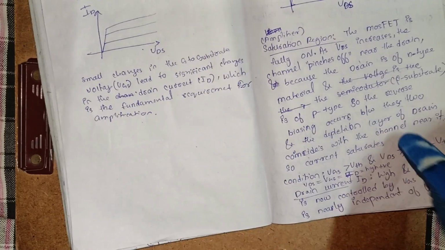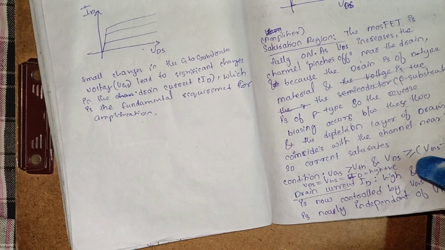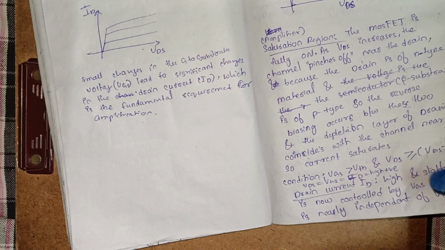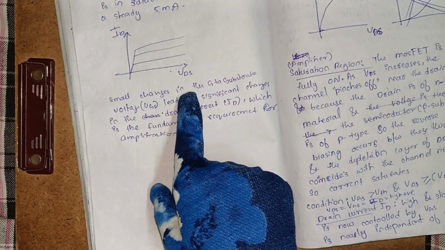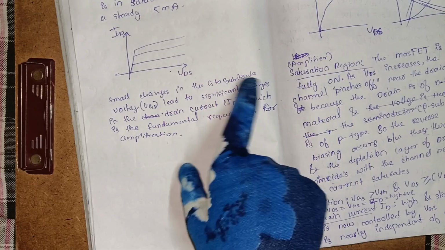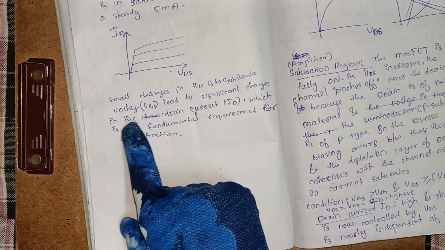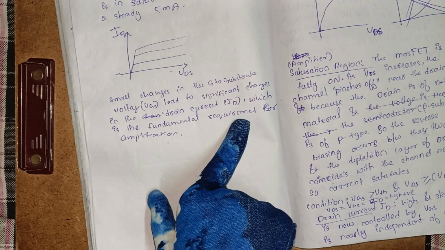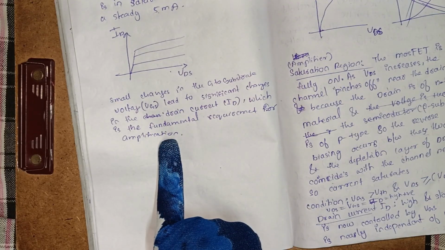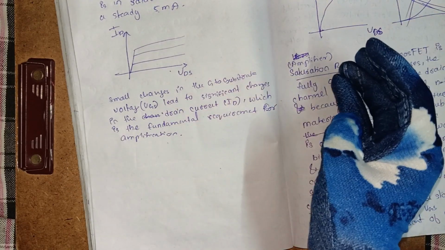As I said, the ID is independent of VDS and it is controlled by VGS. So small changes in the gate to substrate voltage lead to significant change in the drain current, which is the fundamental requirement for amplification. So it acts as an amplifier.